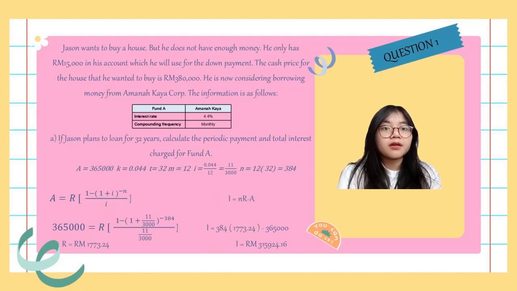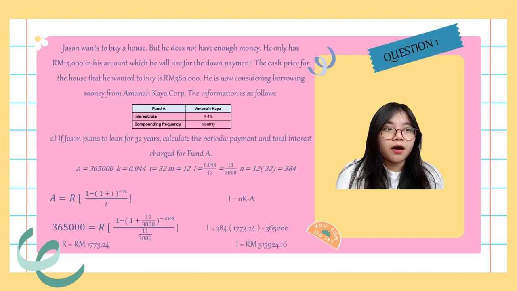So as we can see the information below, A equals 365,000, K equals 0.044, M equals 12, T equals 32 years, N equals 12 multiplied by 32 equals 384. i equals 0.044 over 12 equals 11 over 3000. Put all the information below in the formula given.